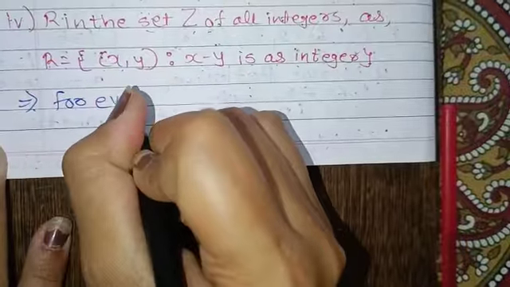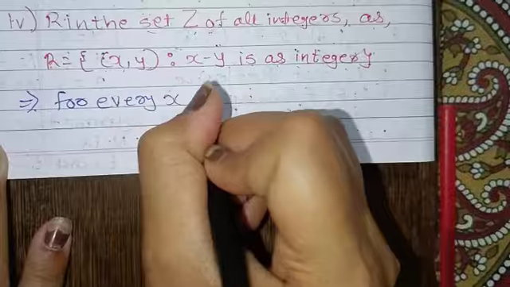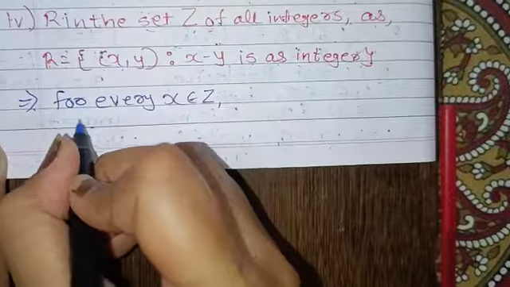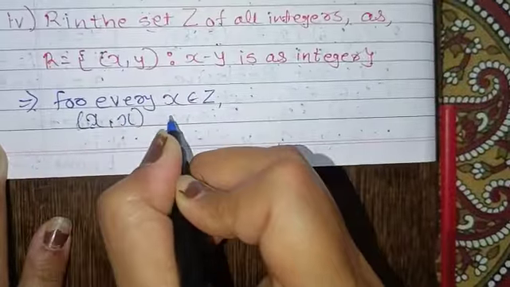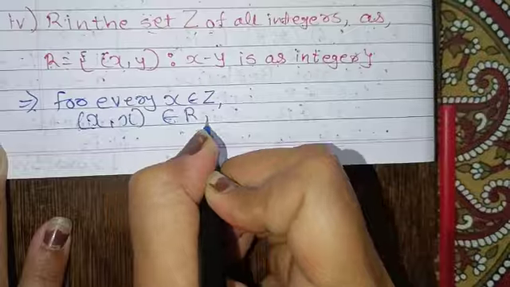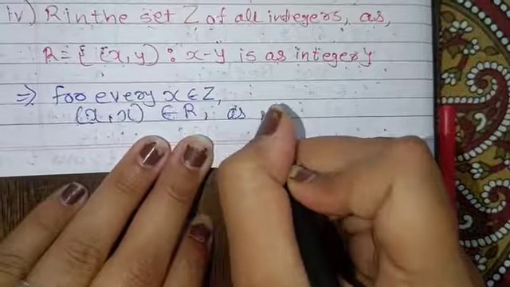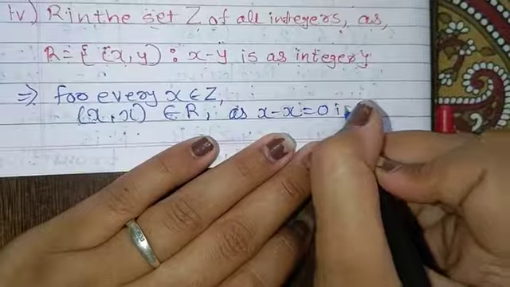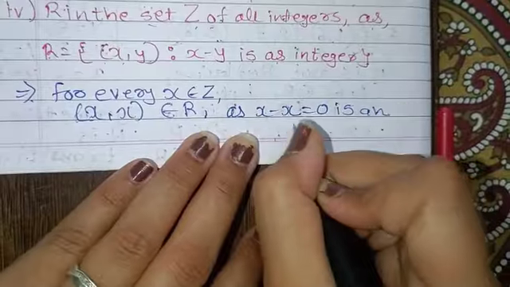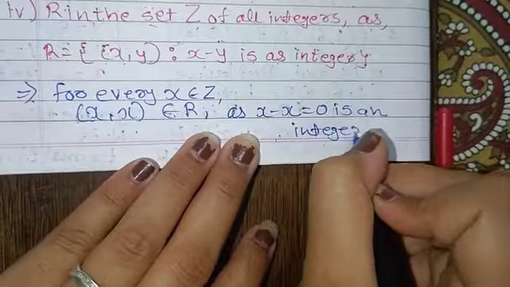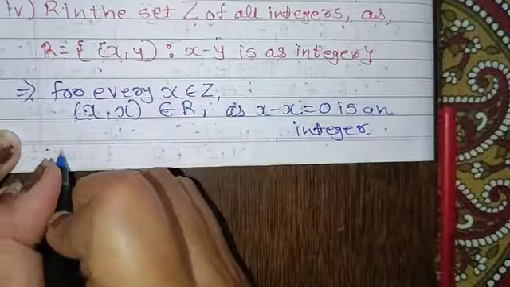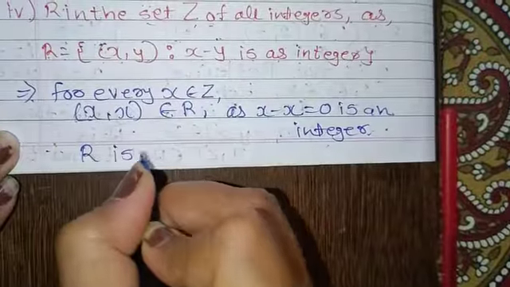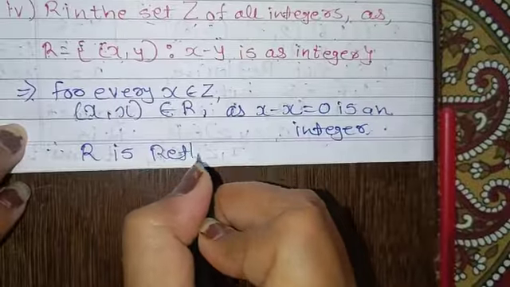For every x belonging to Z, (x, x) belongs to R as x minus x equals 0, which is an integer. That's why R is reflexive.